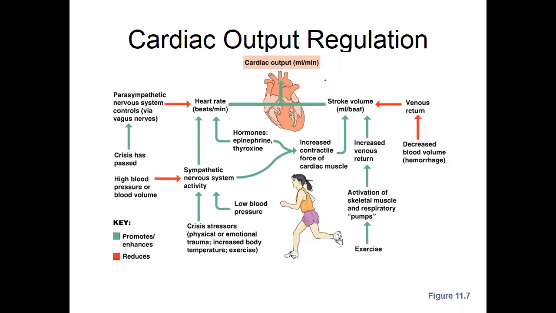That's a stressor or a crisis that causes your fight or flight response. The other thing is just exercise. As I'm exercising, I need more energy. My body's causing sympathetic nervous system activation because the skeletal muscles tell me I need more oxygen, so it pumps more blood to try to oxygenate the tissues. Not really too terribly crazy of a concept.